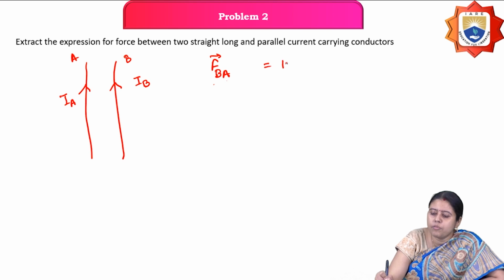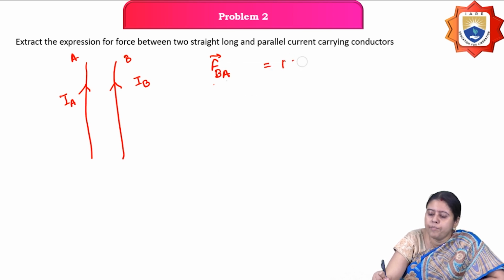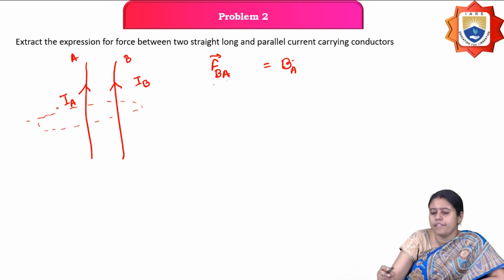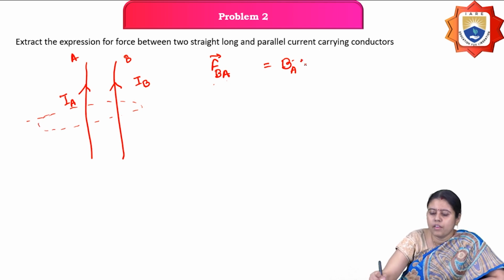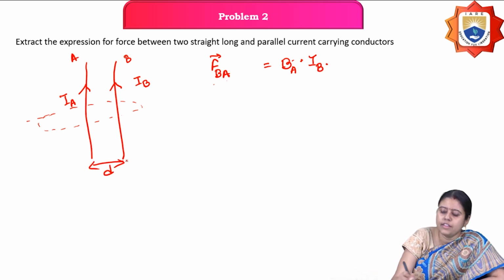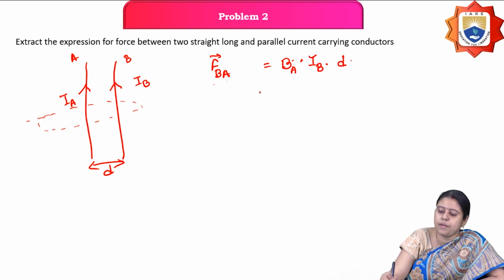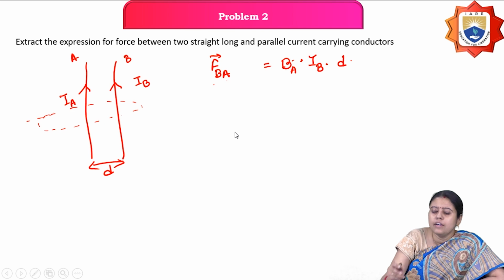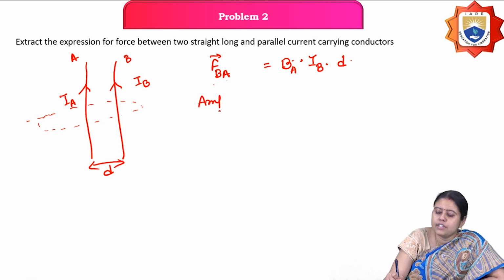And what is the formula? The force is BA, the magnetic field due to A, into current IB into the length. Now we have to calculate BA from Ampere circuital law.